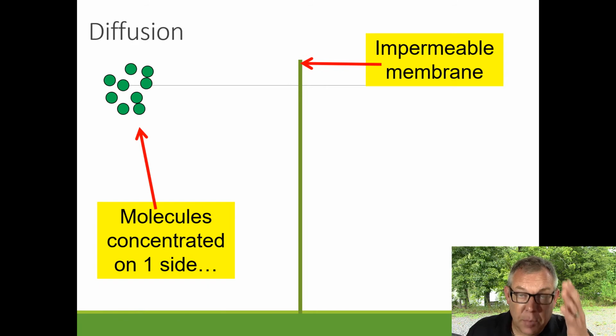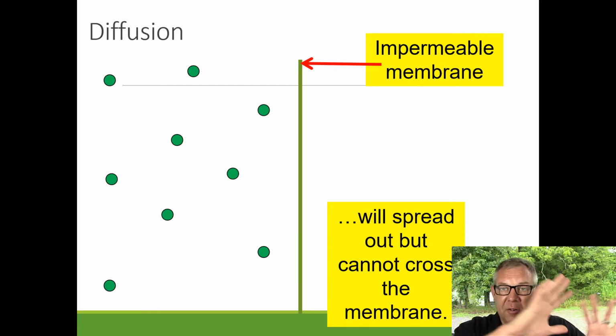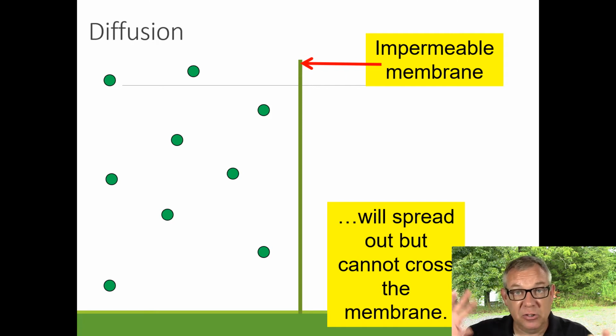You've got an impermeable membrane, and on one side you've got molecules concentrated. Without any extra energy, those molecules will just move at random and they will spread out, but they'll only spread out on one side of the membrane. They can't cross that membrane. When they hit the impermeable membrane, they bounce off. So you've got molecules that are spread out evenly on one side and still nothing on the other side.